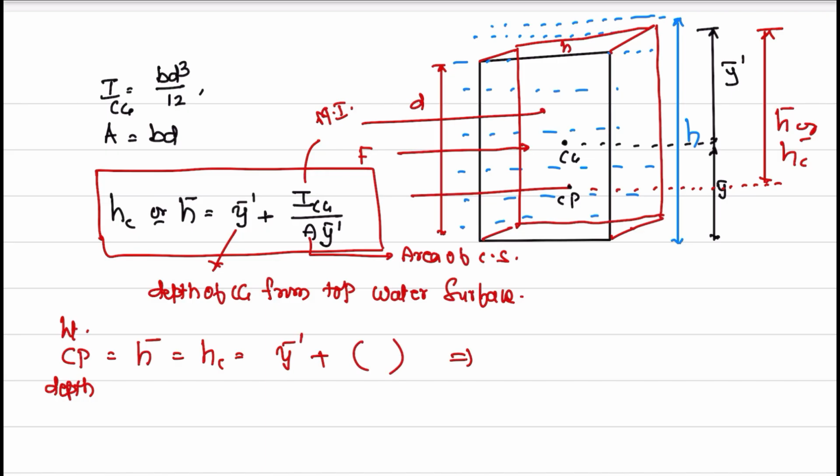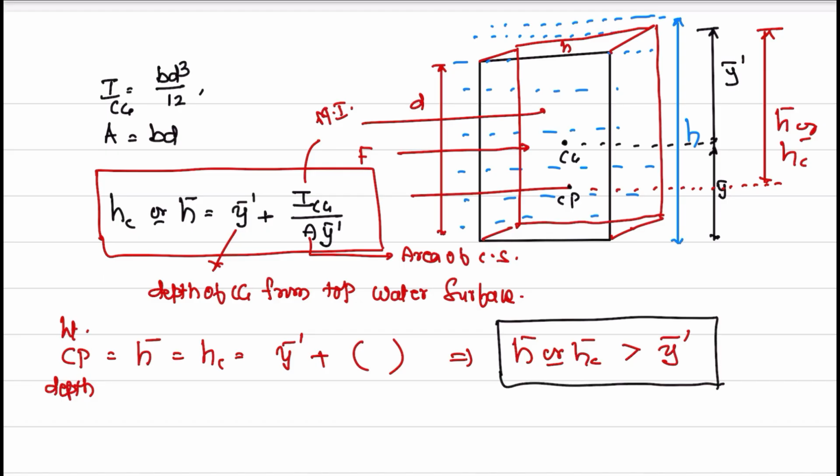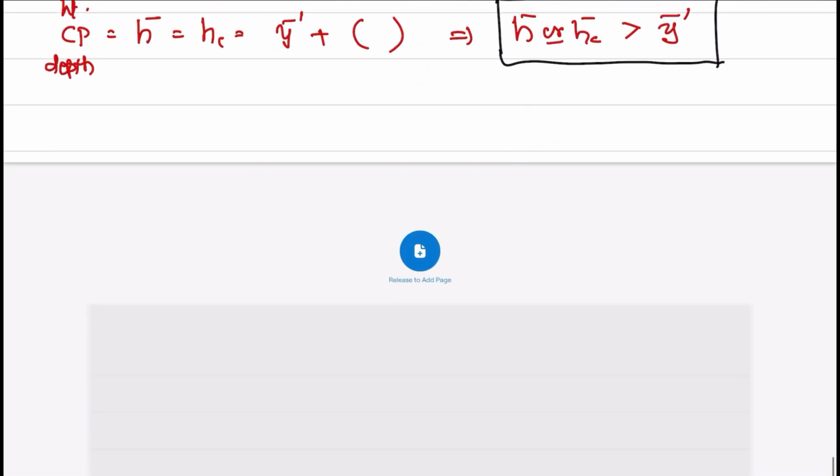That implies H bar or HC is greater than y dash bar. This is a very important observation. This is what is asked. The quantum of the difference is ICG by A y bar dash. This is the concept of the center of pressure.